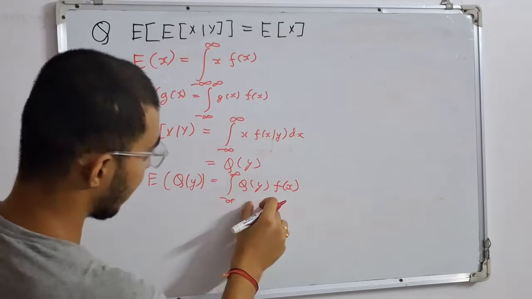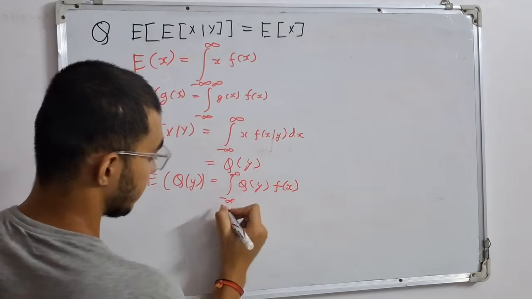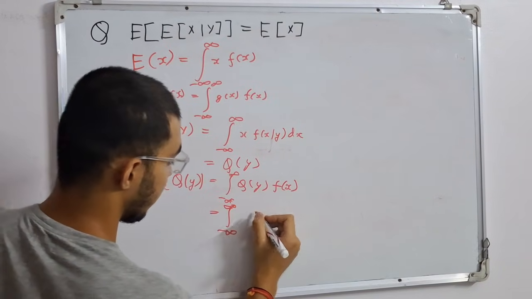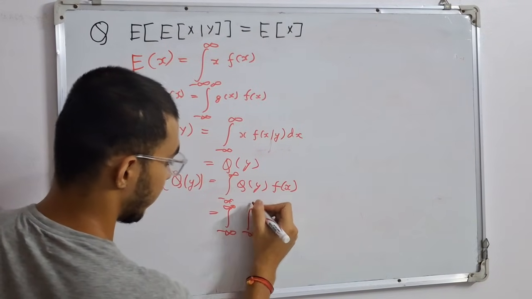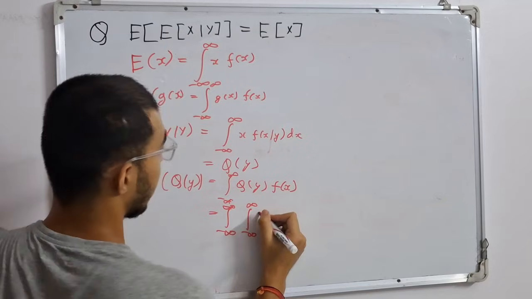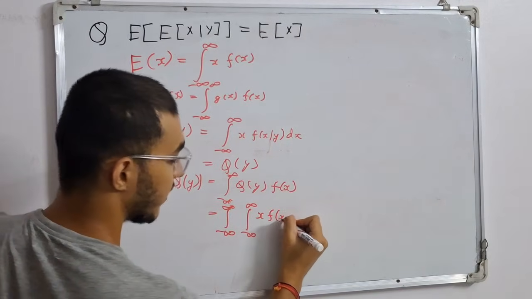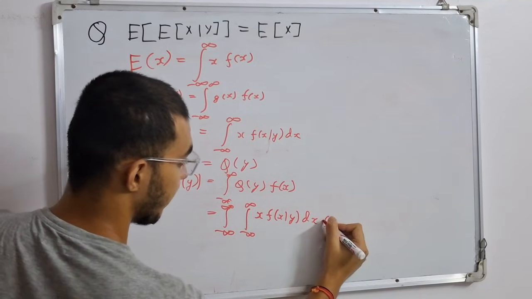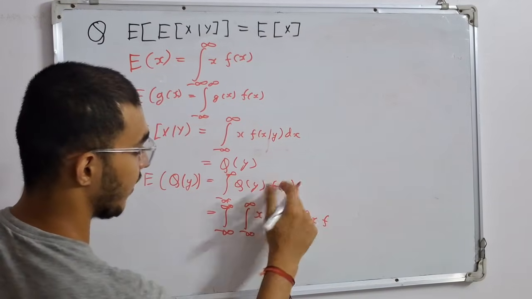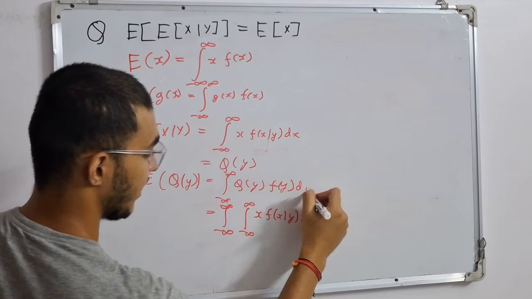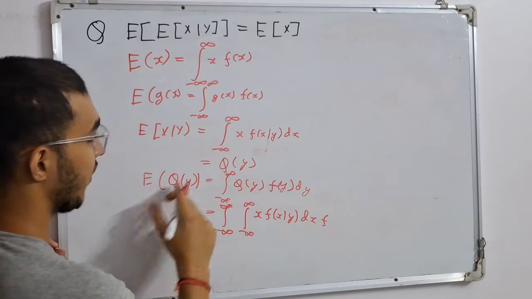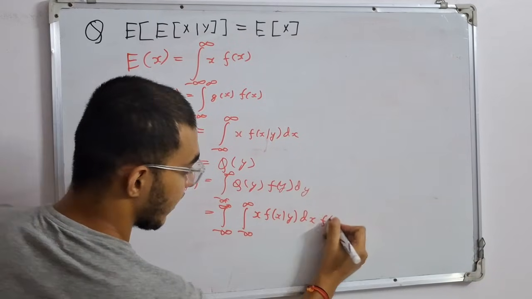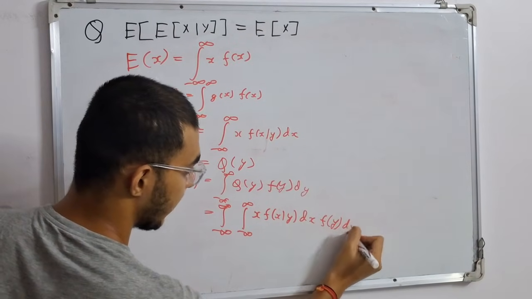And now we can expand this into integration minus infinity to infinity of integration minus infinity to infinity x f(x given y) dx, times f(y) dy, because it's a function of y, it's not a function of x, so that's why there will be f(y) dy.